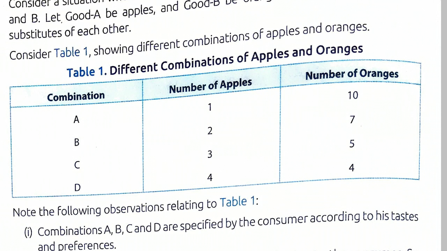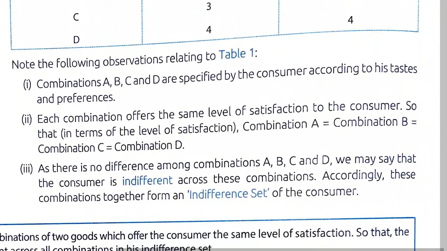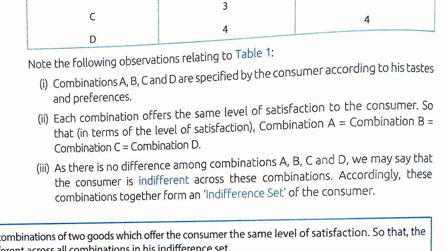Since these different combinations are not different from each other, they are called an indifferent set or indifference set, and these are specified by the consumer according to his taste and preference. He says that he is having the same level of satisfaction, so he can choose any one, either combination A, B, C or D. So each of them is equal to each other.